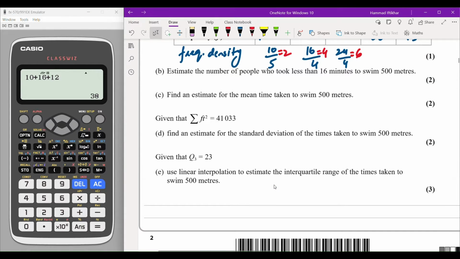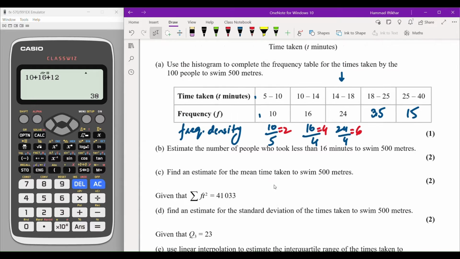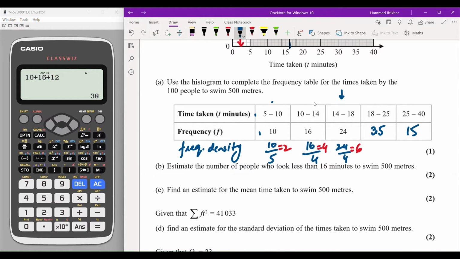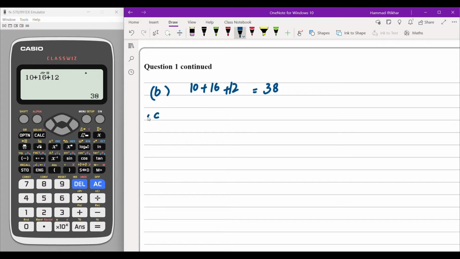Okay. Find an estimate for the mean time taken to swim 500 meters. Okay, so what we will do over here, we will take the mean values of these classes and then multiply each with their frequencies. So the process is very straightforward.